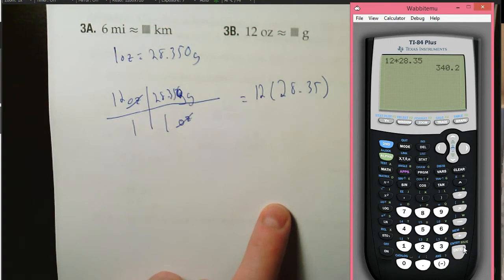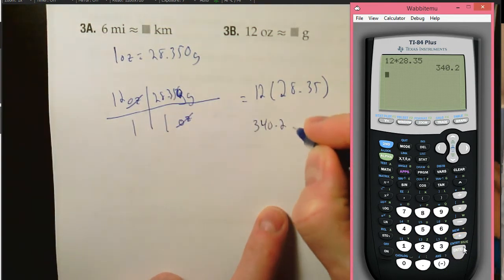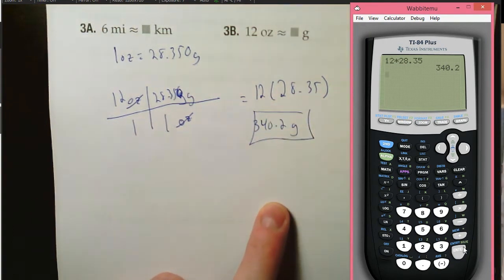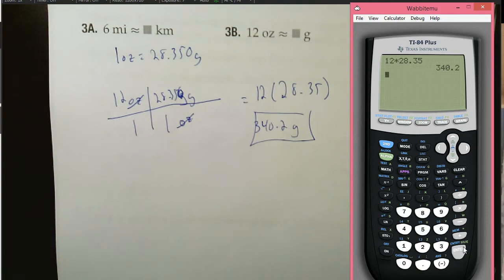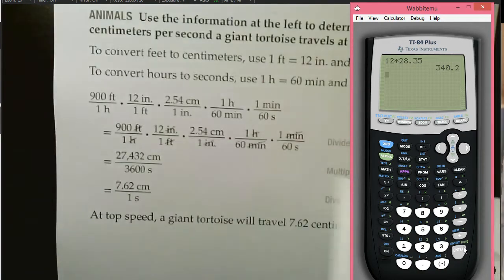And we get 340.2. So 12 ounces is 340.2 grams. Okay, great. We did yards and meters in class, so we can skip ahead to the next example.